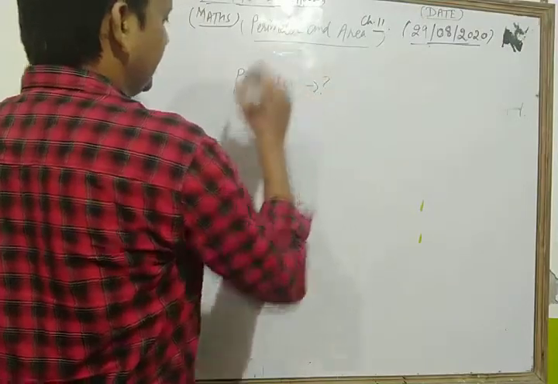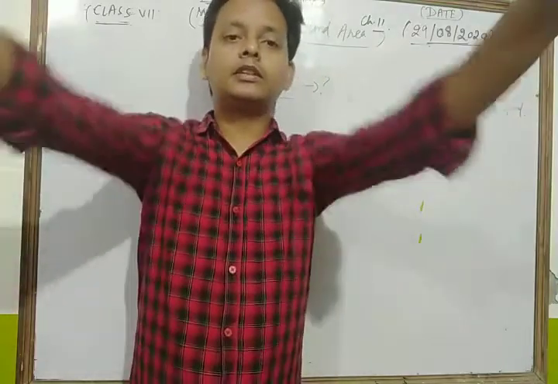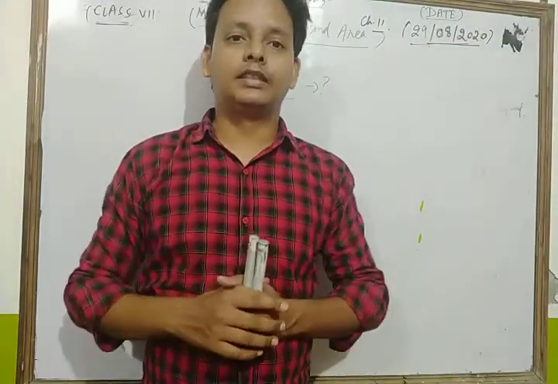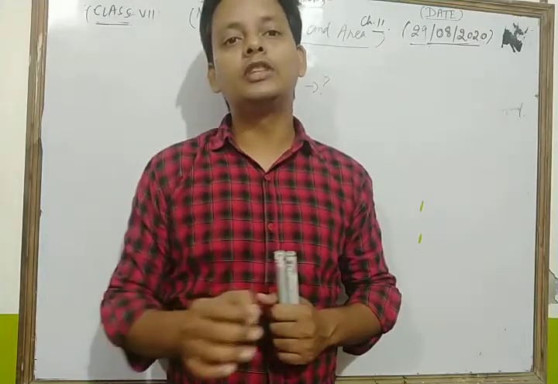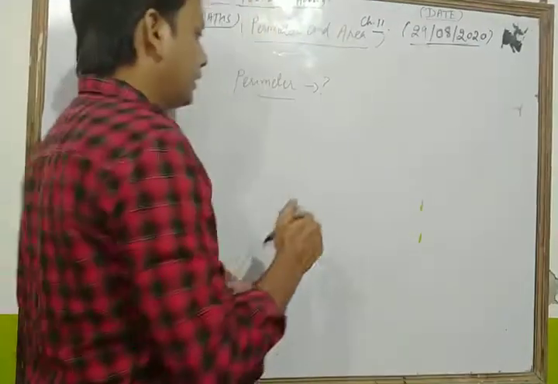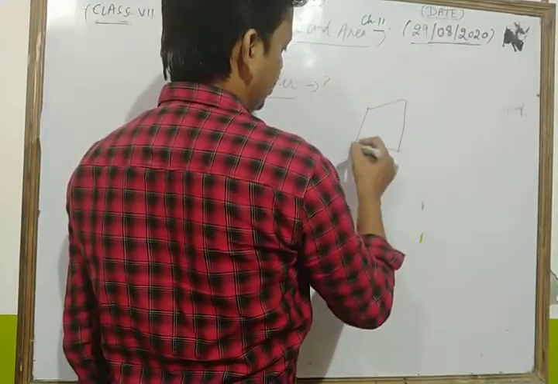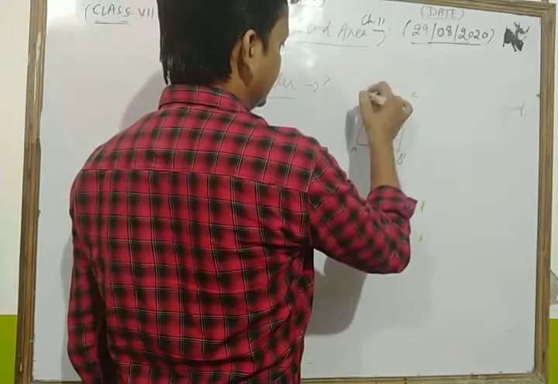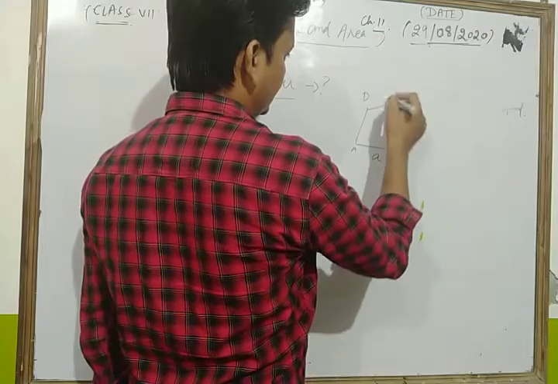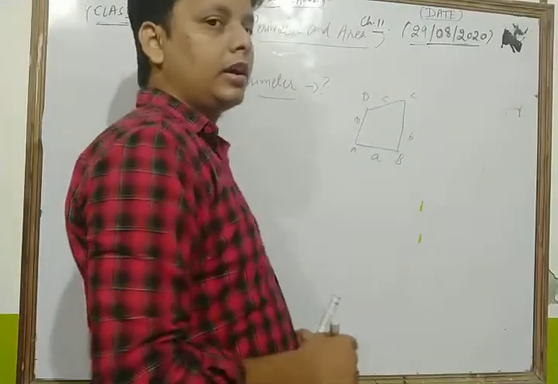What is perimeter? Dear students, perimeter is the length of all sides. The length of all sides of any geometrical figure is known as perimeter. Suppose we have a quadrilateral ABCD having different sides A, B, C and D. Then the perimeter of that quadrilateral will be what?